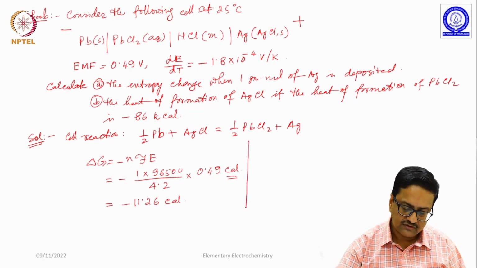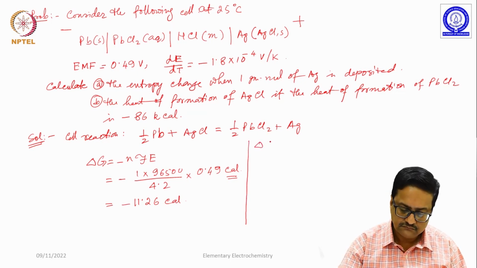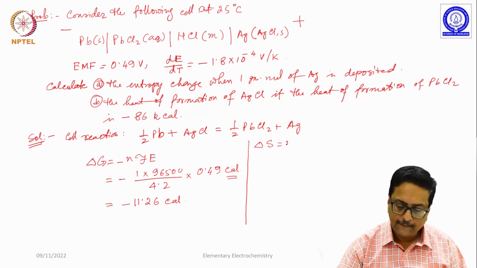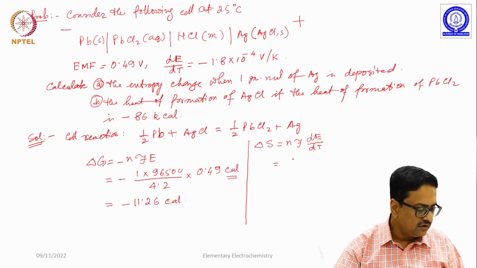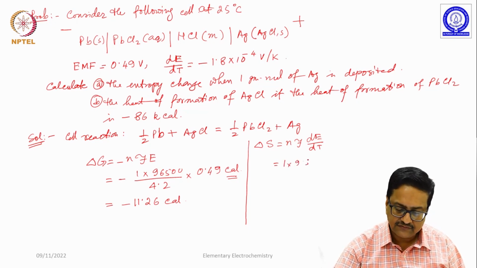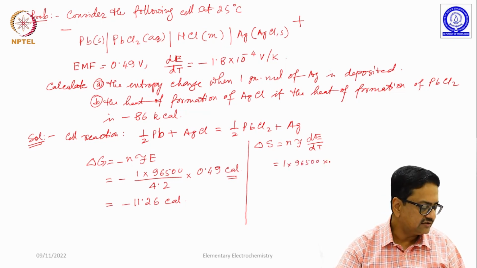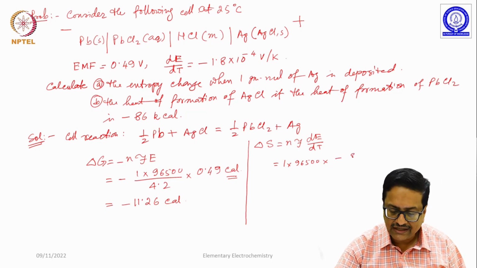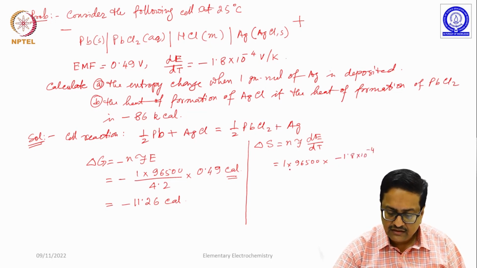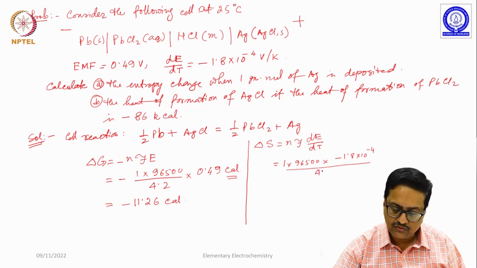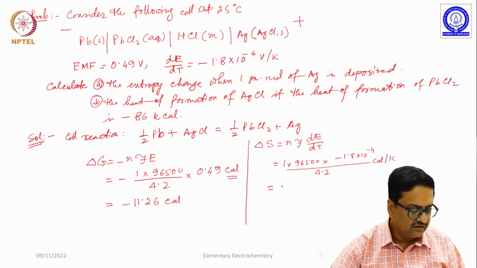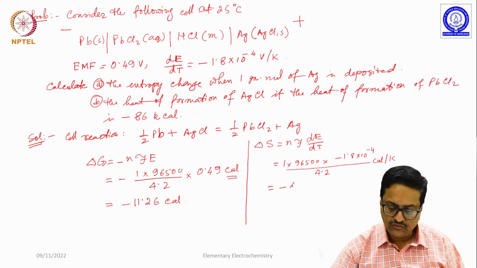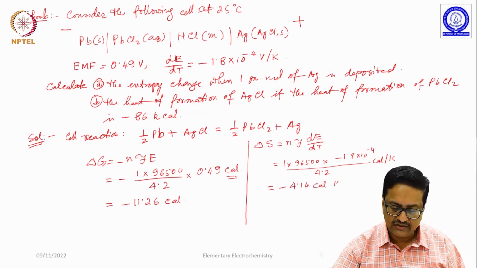And then when you try to calculate delta S, which is equal to nF dE/dT, you can simply replace the values as 1 into 96500 coulomb into dE/dT, which is given as minus 1.8 into 10 to the power minus 4, again divided by 4.2, and the unit should be calorie per Kelvin, that is minus 4.14 calorie per Kelvin.